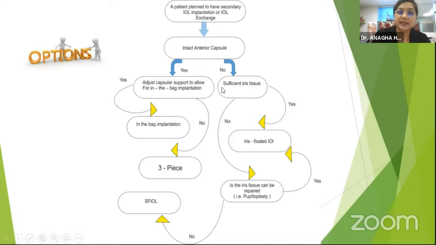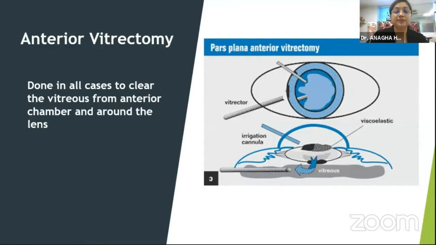However, if the anterior capsule is not intact but you have sufficient iris tissue, then you can put a retrofixated iris claw IOL. If there is not sufficient iris tissue, you can think of doing a pupilloplasty if the iris tissue can be repaired. If not, then go in for a scleral fixated IOL.